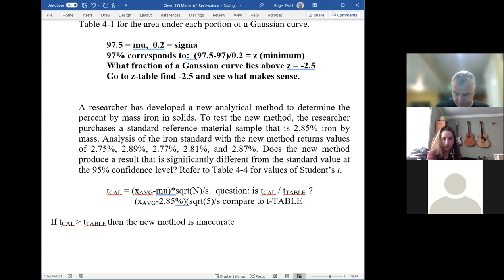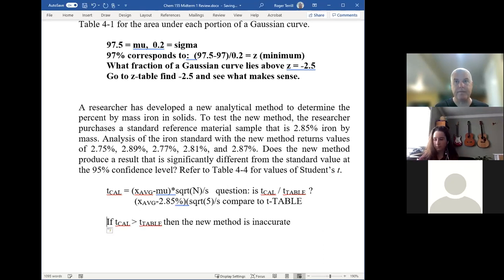So that means the method produces statistically significant, or significantly different, results then? Yes, yep.